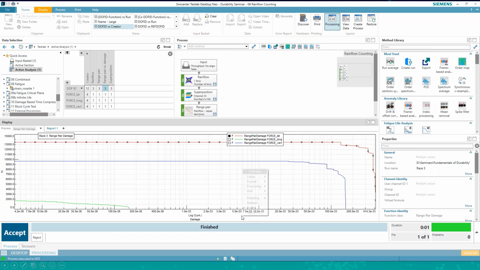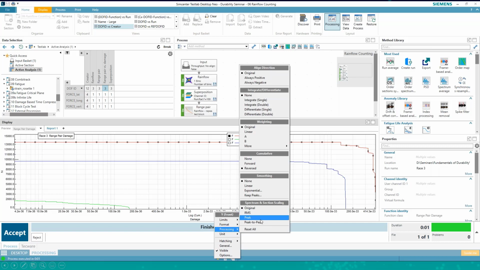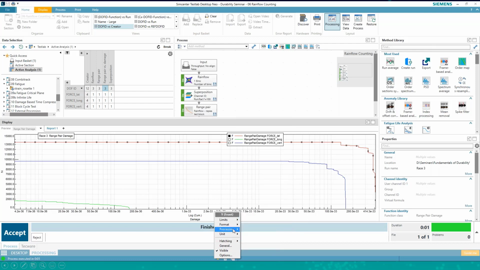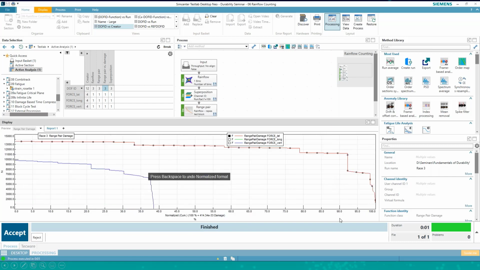I can also get this to percent. So you could look at it on the basis of percent, format normalized. So now this is a lot easier way to look at it. The red one's 100%. The vertical was 37%, and the longitudinal is almost nothing.